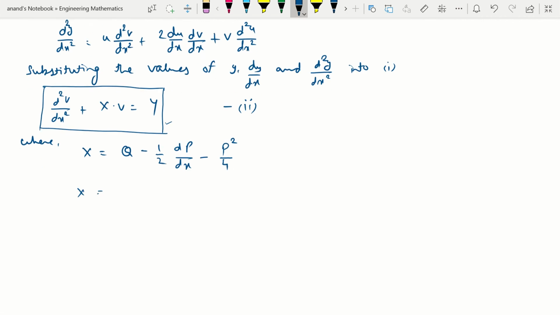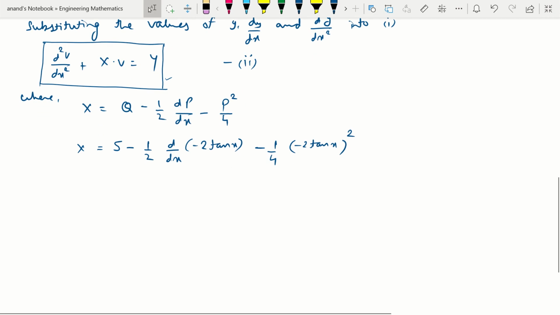So substituting the respective values, we get x equals 5 minus 1 by 2 d by dx of the value of p, which was minus 2 tan x, minus p square by 4, that means minus 1 by 4 into minus 2 tan x whole square.